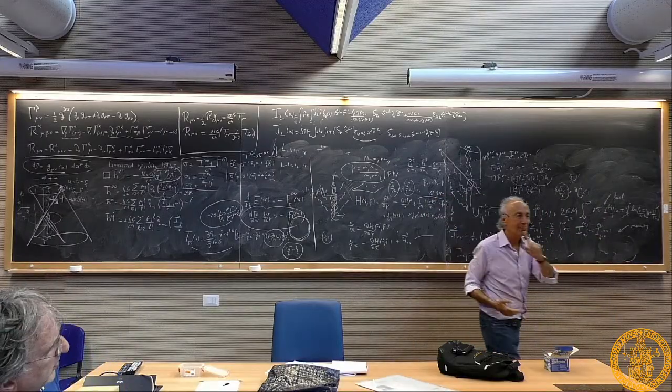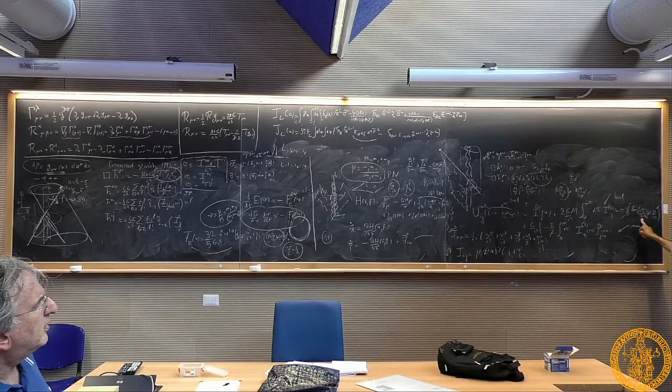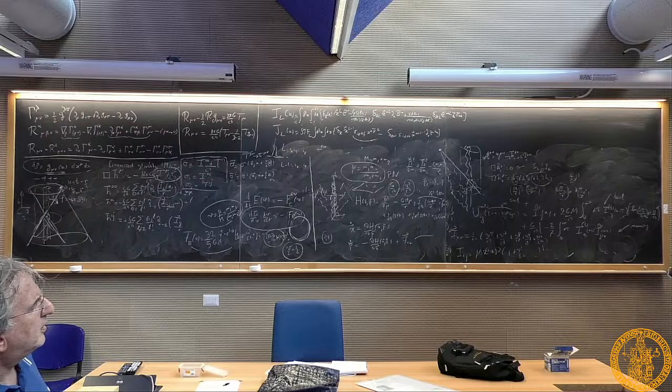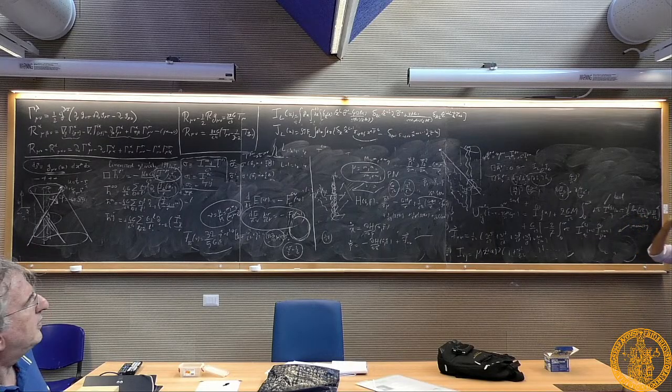What is important in the log, I should have said this, is that when there is a log, because it is a log with a time difference, you need to put in a scale. So which scale do you put? If I change the scale, what happens is that it's just a time shift.